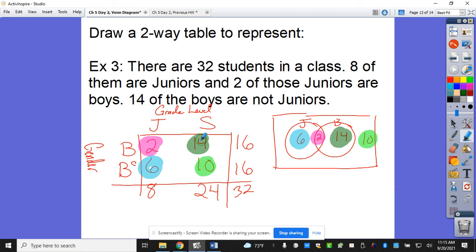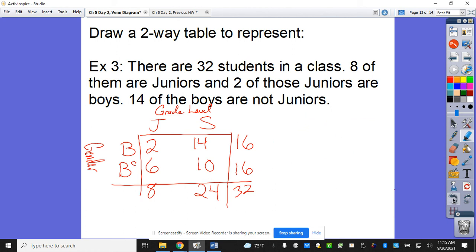It just looks different. So can I get the exact same information out of it? Yep. So some of the problems you're going to be working on are going to say either make a Venn diagram or a two-way table. It shouldn't matter which one you use.